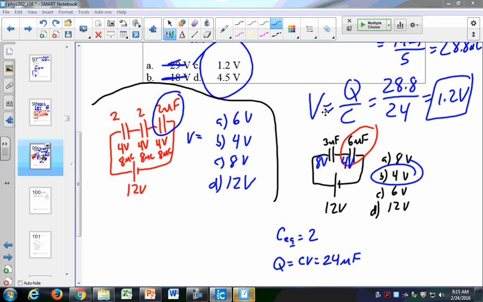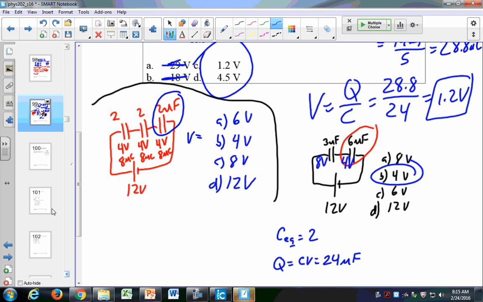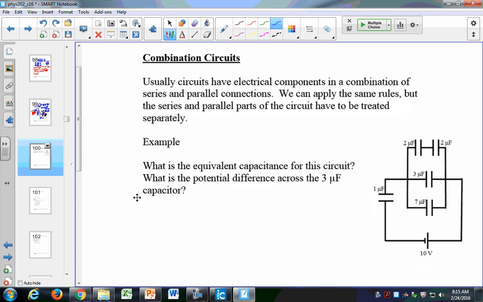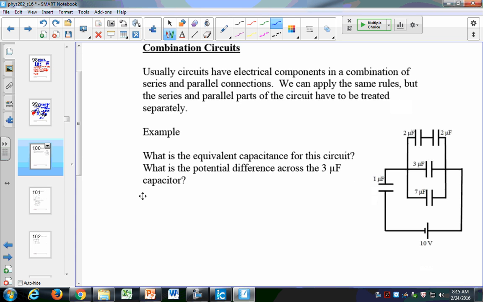Okay? Capacitors in series are a lot more difficult than capacitors in parallel. But even more difficult is when we combine them all up, and that's what we're going to do next. And that's more what you'll see on your test. Usually when we have circuits, you're going to have capacitors and resistors and inductors all mixed in together.